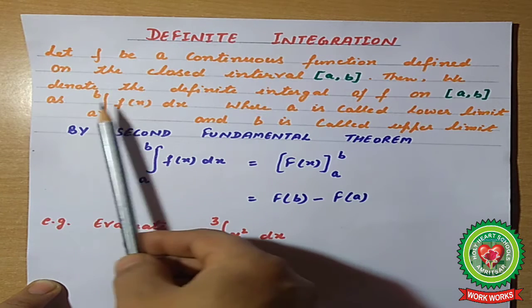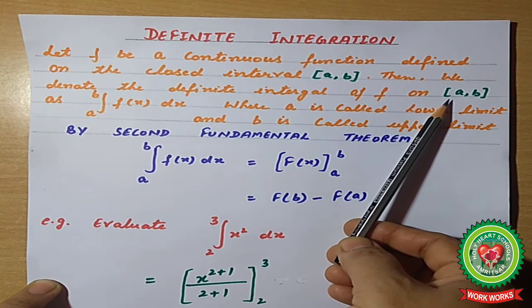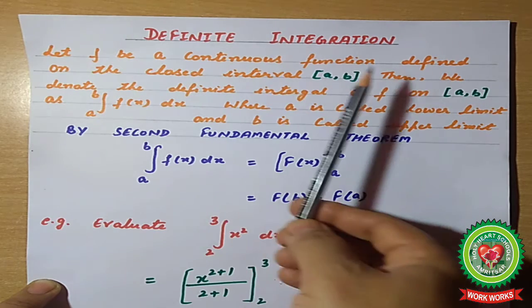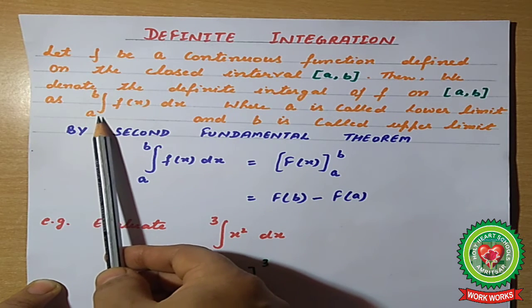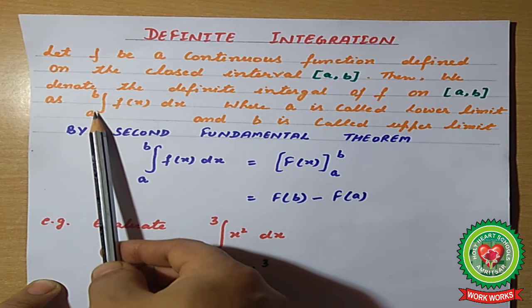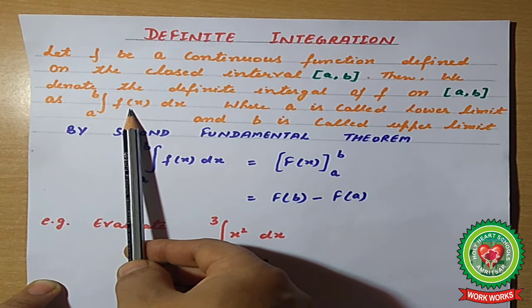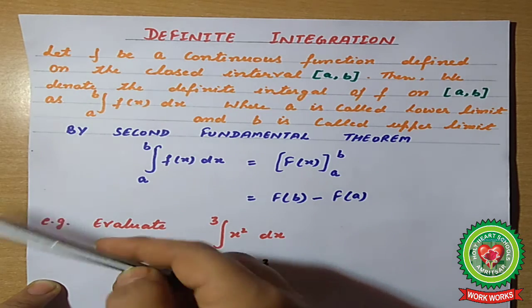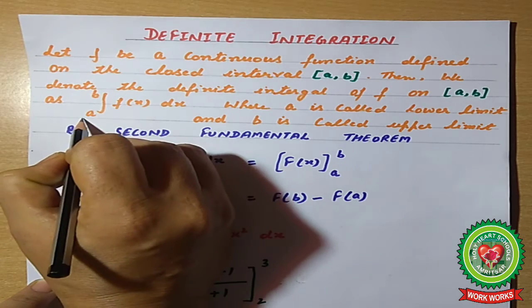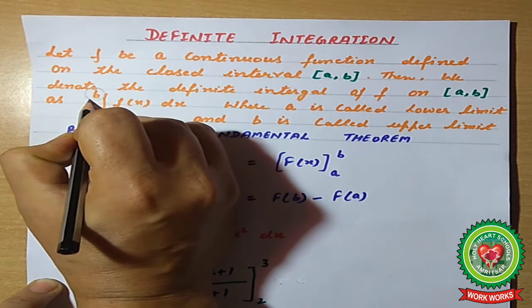Then we denote the definite integral of f on [a, b] in mathematical form as the integral from a to b of f(x) dx, where a is called the lower limit and b is called the upper limit.